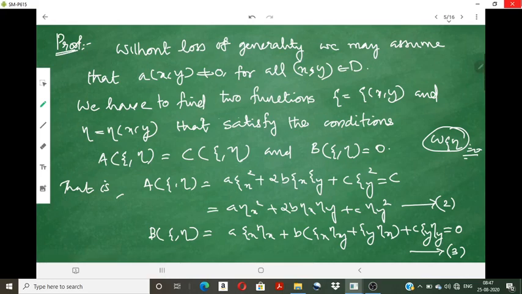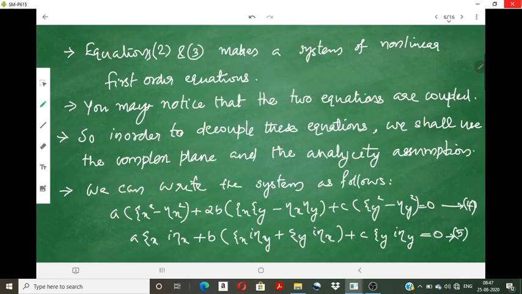So in order to decouple these equations, we shall use the complex plane and the analyticity assumption.